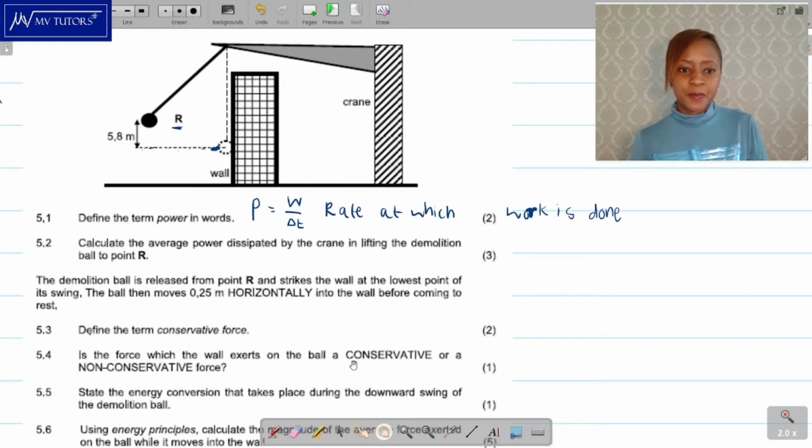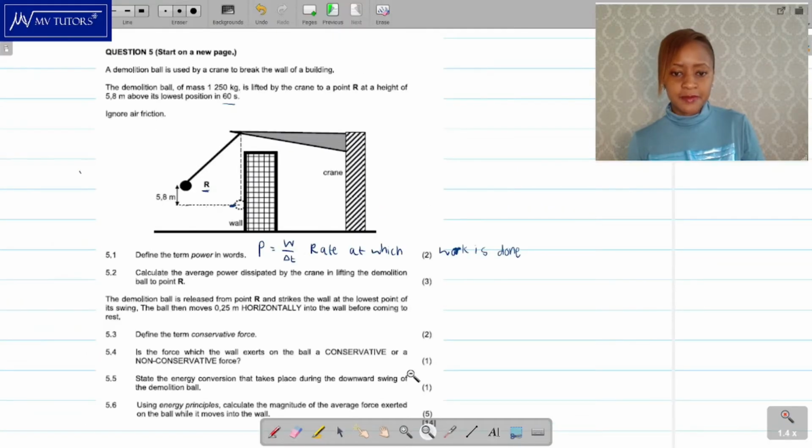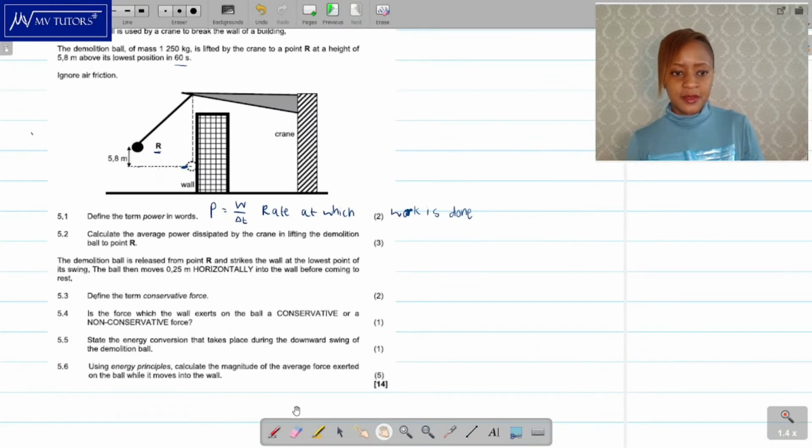Now 5.2: calculate the average power dissipated by the crane in lifting the demolition ball to point R. Let me reduce this a bit and write the answers on the right.